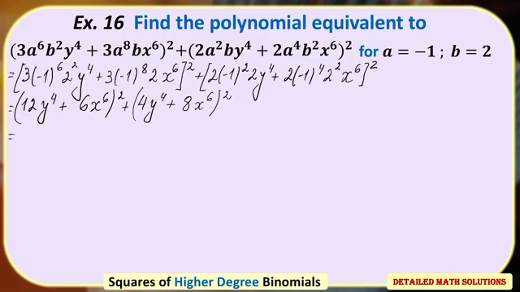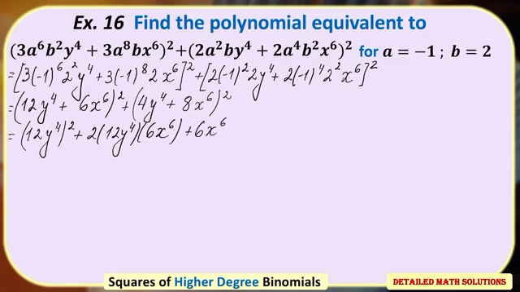When I do that, this equals 12y to the 4th power, in parentheses, squared, plus 2 times 12y to the 4th power multiplied by 6x to the 6th power, plus 6x to the 6th power, in parentheses, squared. Next, I'm going to apply the formula for binomial square for the second binomial.